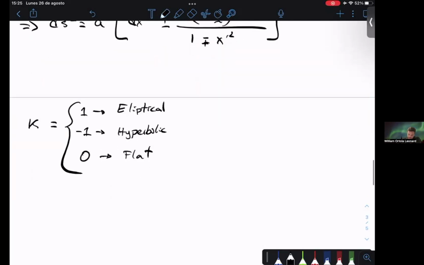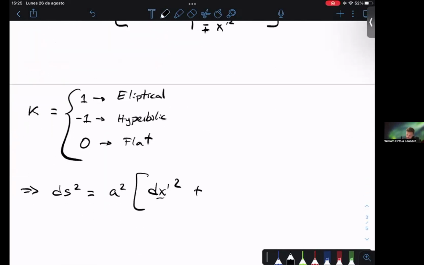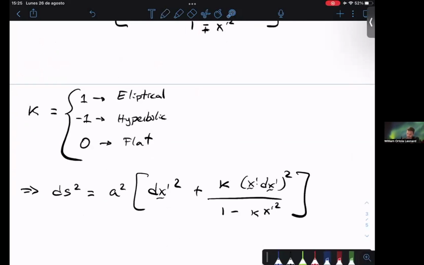So our metric can now be rewritten as ds squared equals a squared times dx prime squared, plus k times x prime dotted with dx prime, everything squared, divided by 1 minus k times x prime squared. You see? Again, this k is just given above.